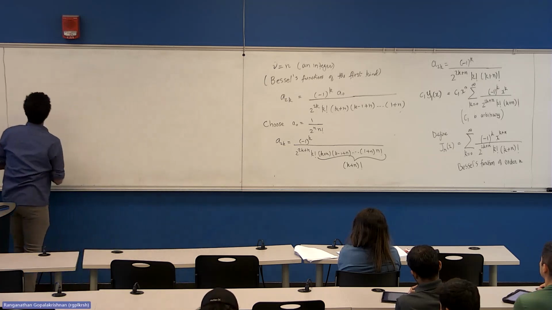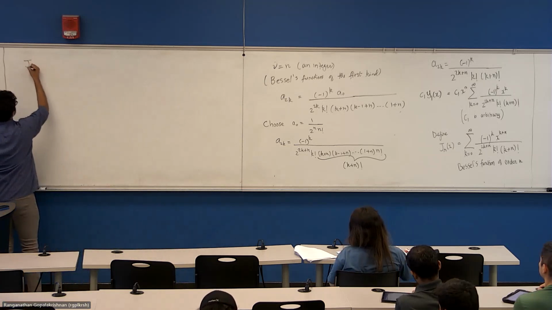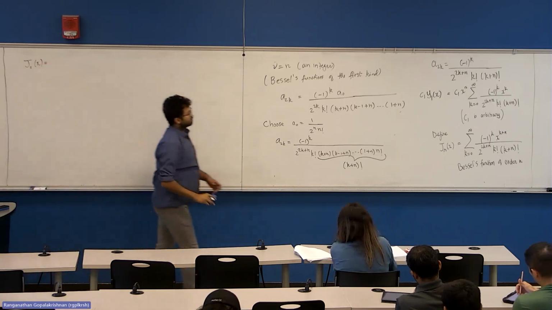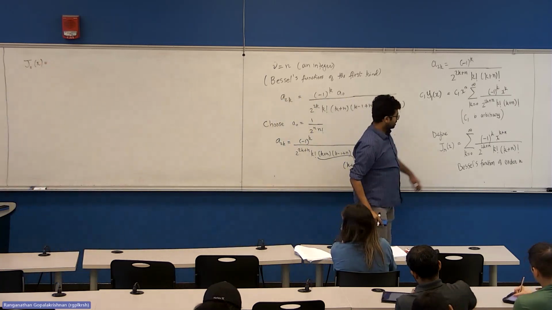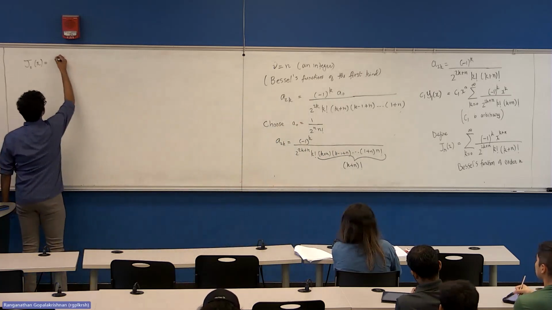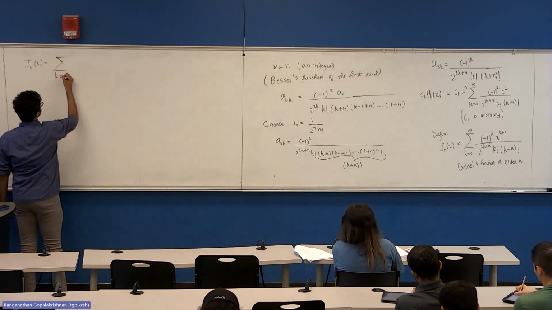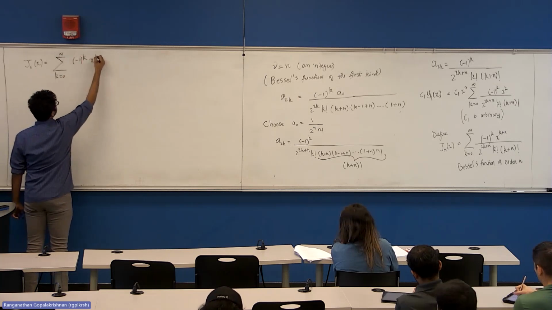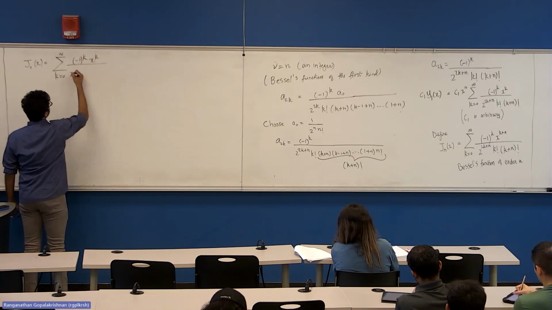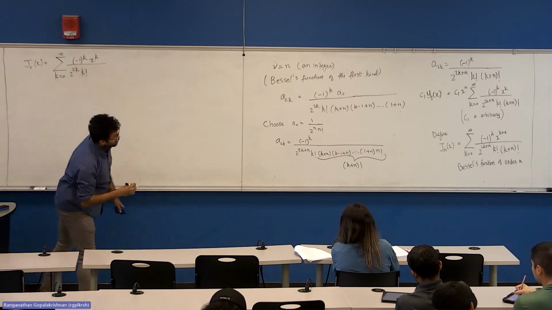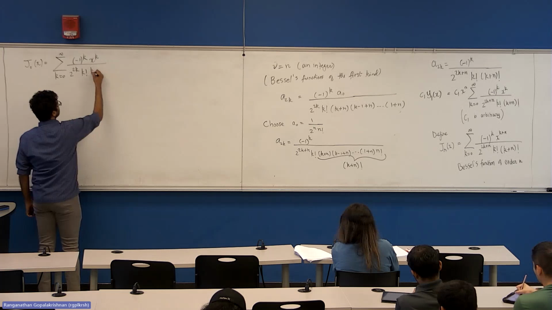So first let's start with J naught of x, where you have to set n equals 0 here, which will make this summation k equals 0 to infinity, minus 1 power k x power 2k divided by 2 power 2k, k factorial, k plus n factorial. So this is another k factorial.